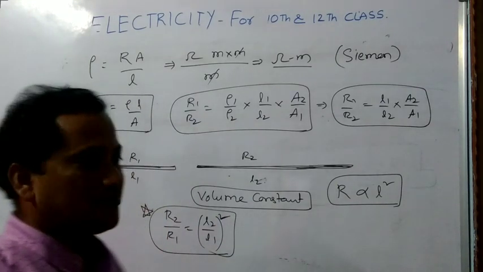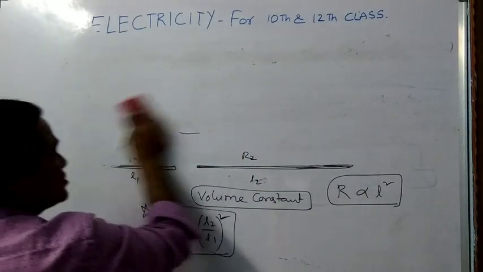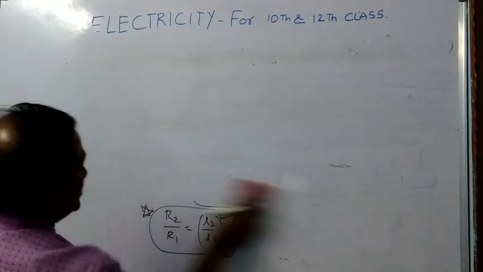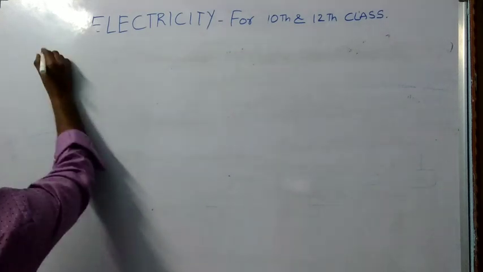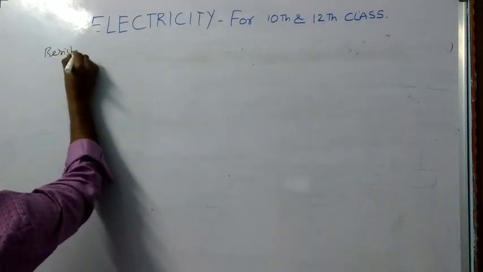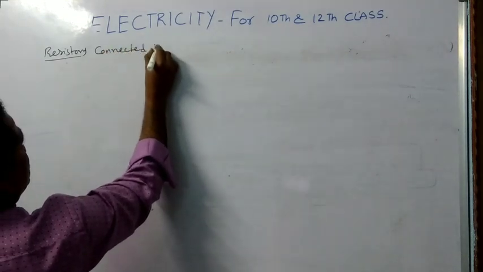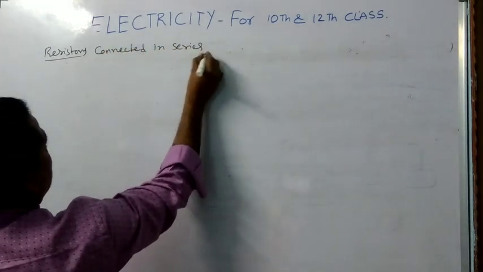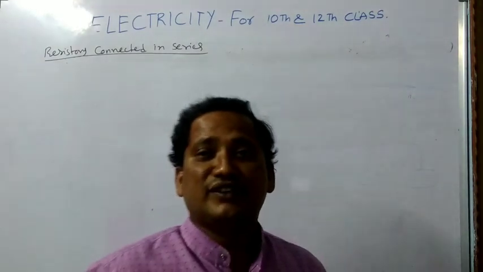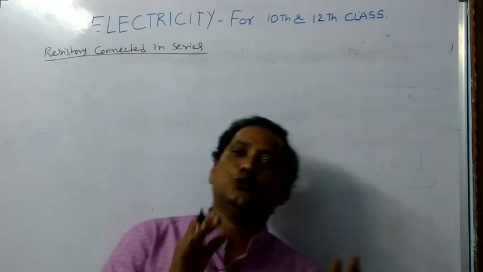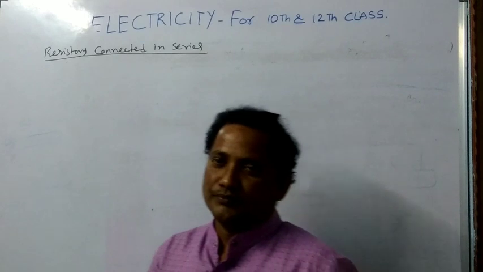Okay. Next, resistors connected in series and connected in parallel. How can you explain this? First, resistors connected in series. Let us consider n resistors having the resistances R1, R2, R3, and so on to Rn, connected in series, like this.